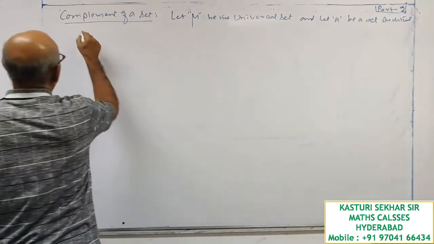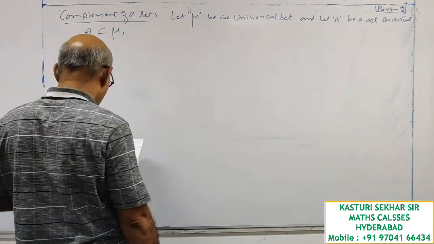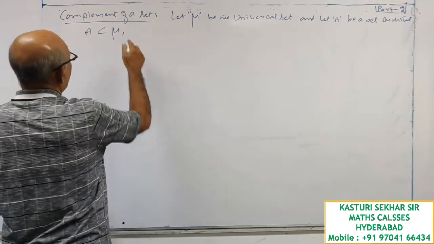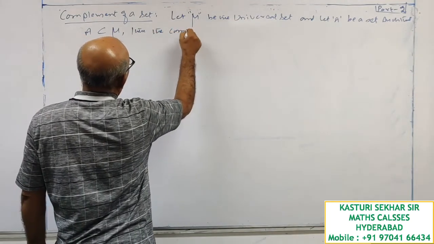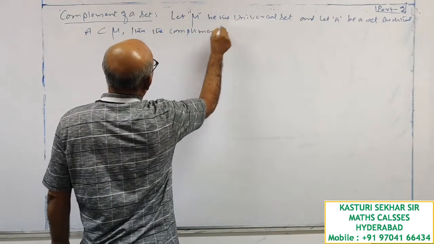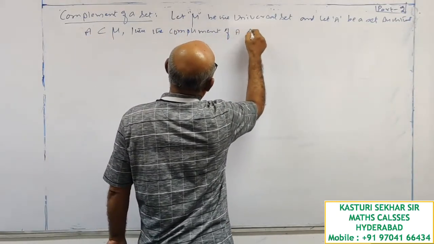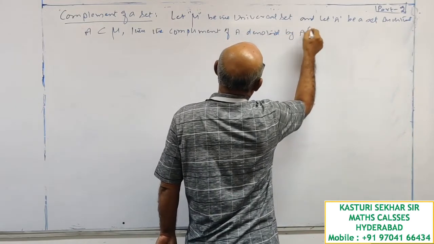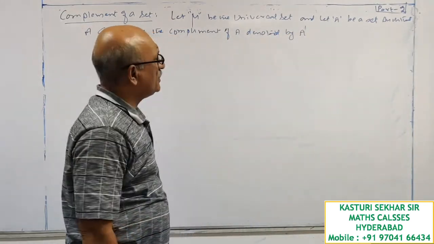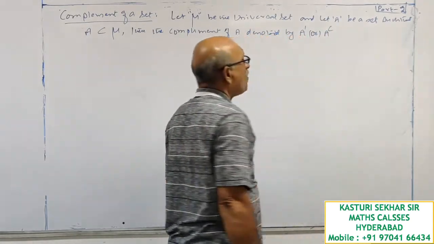A is a proper subset of universal set, then the complement of A is denoted by A dash or A power C, complement of set.